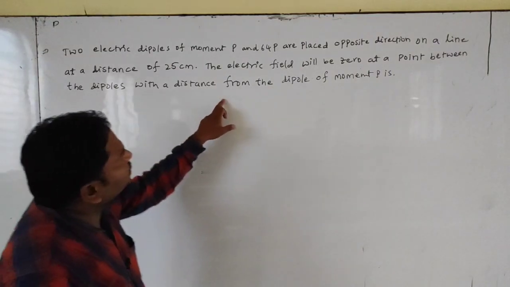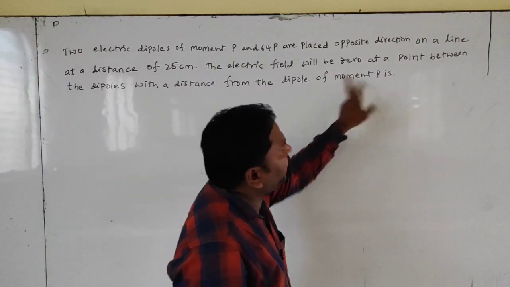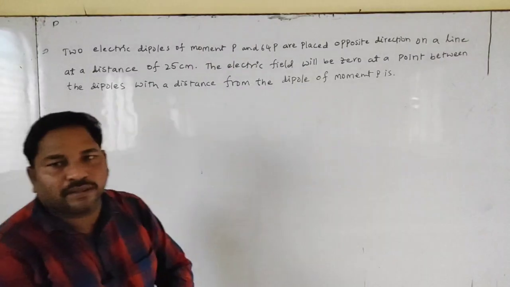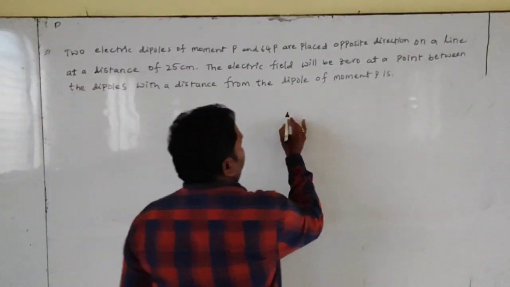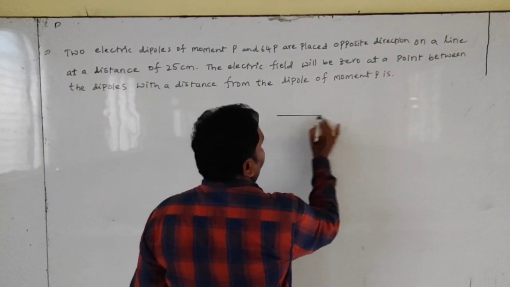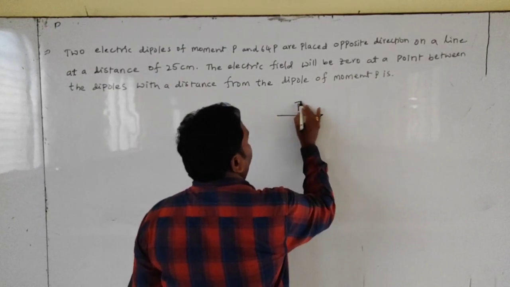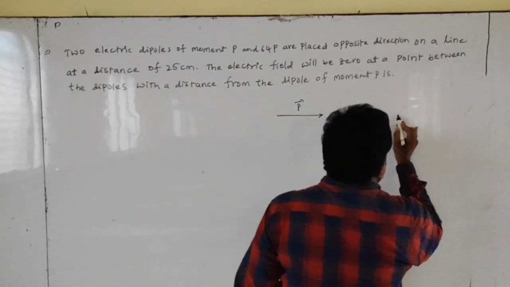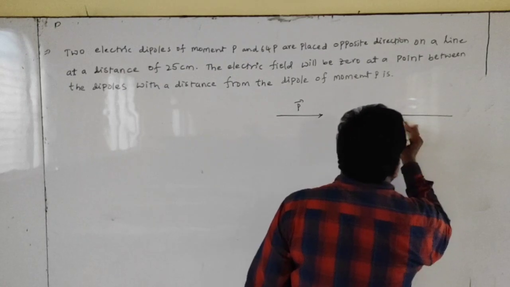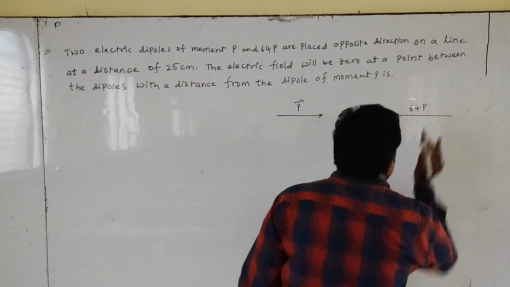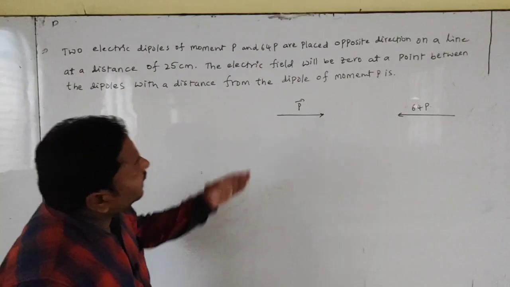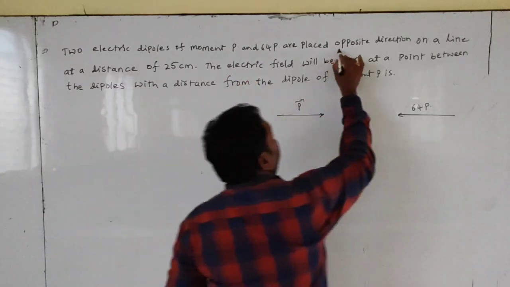At what distance from the dipole of moment P? This is the question. Suppose this is P, the dipole moment, and another dipole moment 64P.